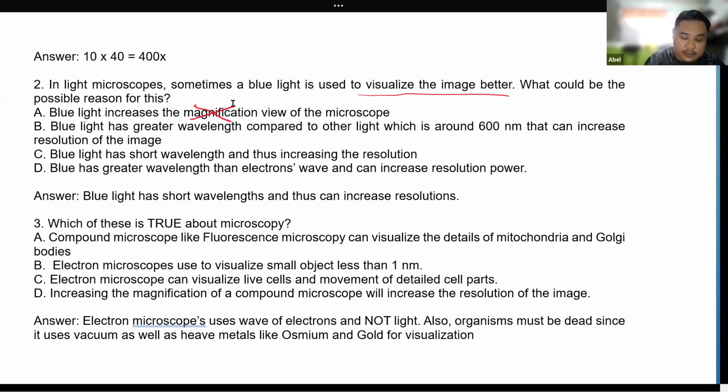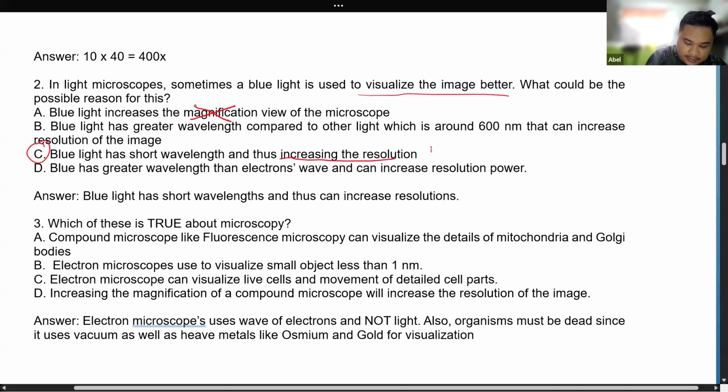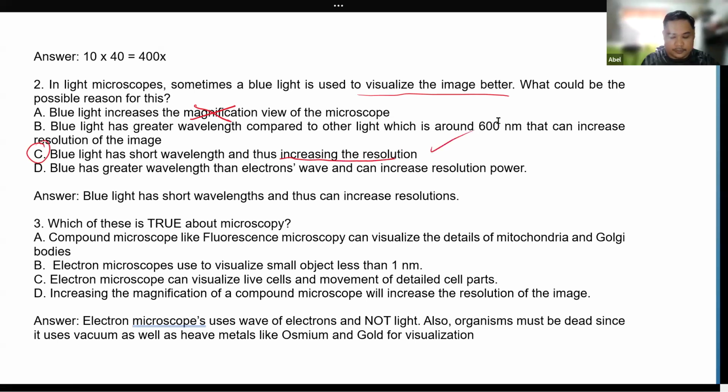Blue light has greater wavelength compared to other light, which is around 600 nanometers, that increases the resolution of the image. So is it greater wavelength? It's not greater wavelength, but rather blue light has short wavelength and thus increases the resolution.